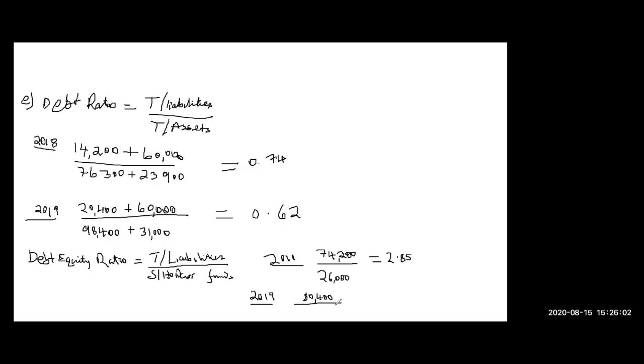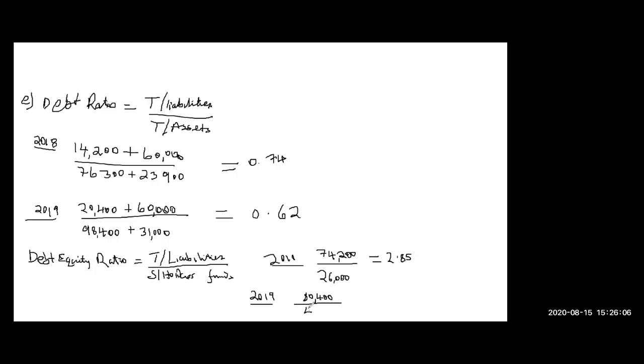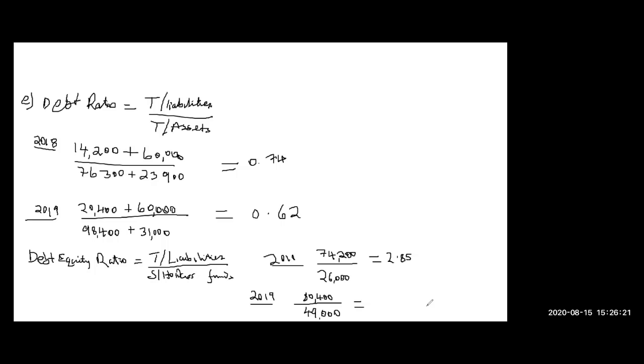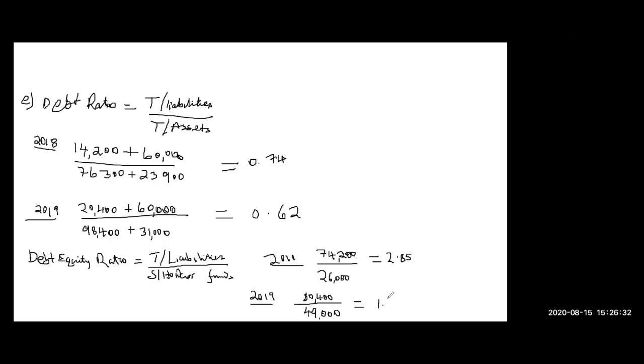We divide by our shareholders' funds, that's 49,000. So 8,400 divided by 49,000 is 1.64.